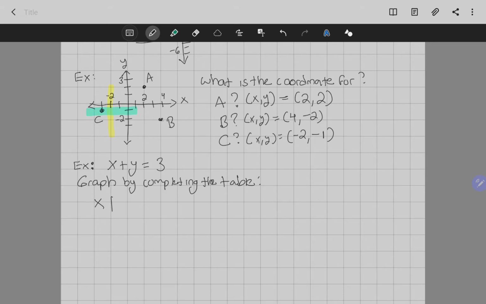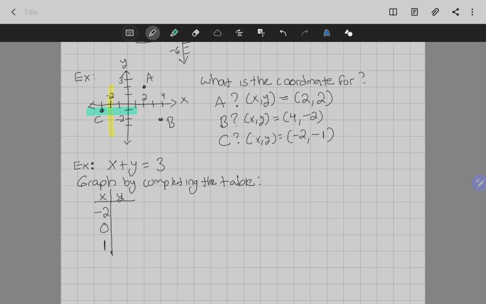So we got an x and a y. Let's say they give us different values: -2, 0, and 1.